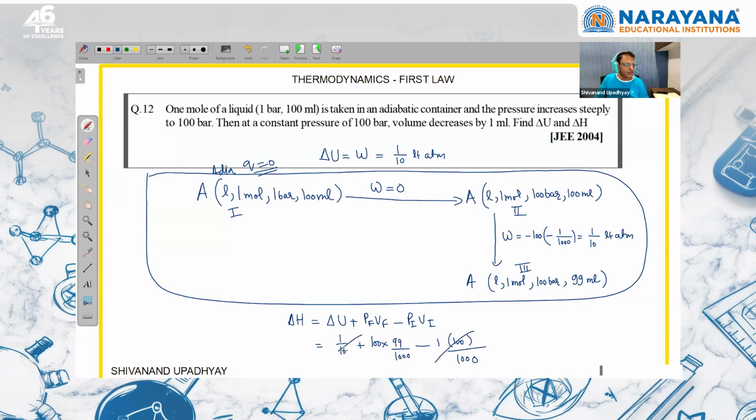So this will cancel out, so we can say here that finally the enthalpy change is equal to 9.9 liter ATM. So again this question was asked, read the question carefully, right?